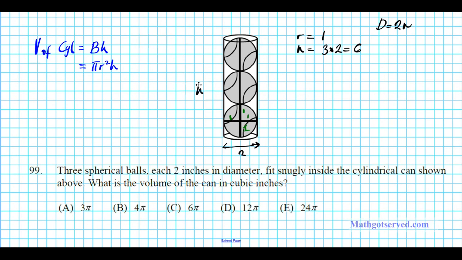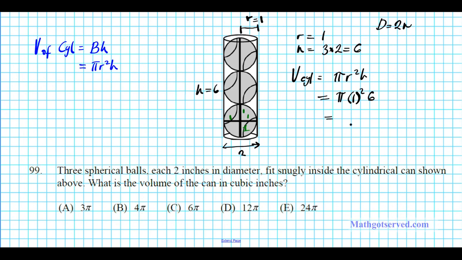So for this cylindrical can, h is equal to 6, and the radius is equal to 1. Now let's plug that into a formula. V of cylinder is pi r squared h. So if we plug in our values, we're going to have pi times 1 squared times the height of 6.